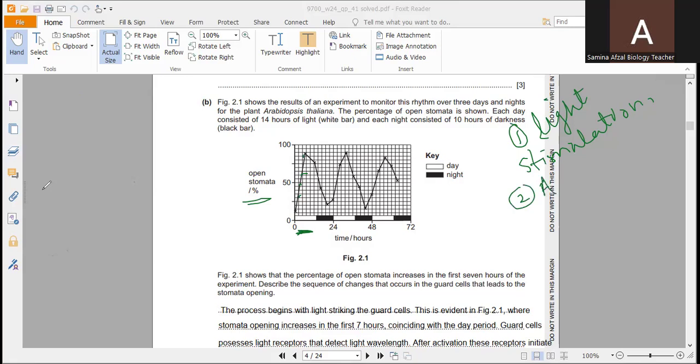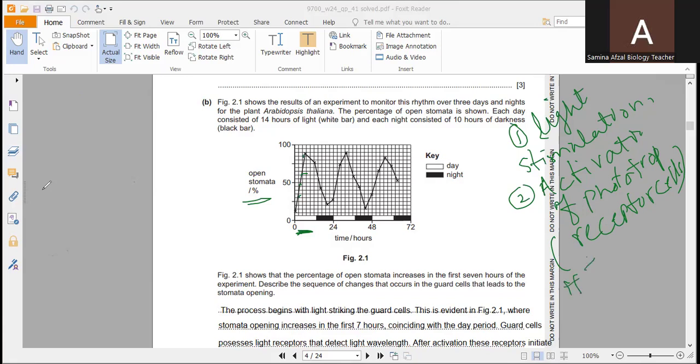Activation of phototropins: these are the receptor cells, and they will detect the blue light wavelength. Then proton pumping will start. After this activation by blue light, the receptors initiate a proton hydrogen pump.